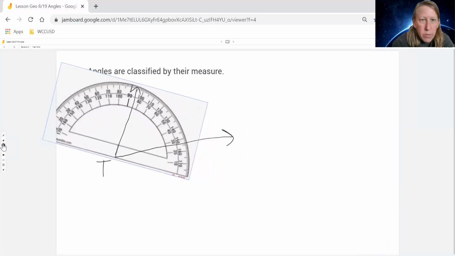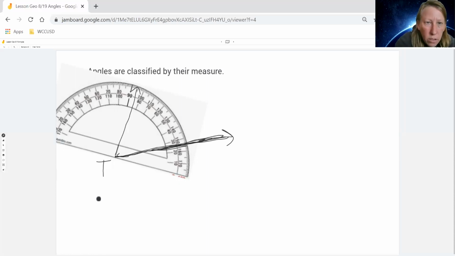I'm just going to slap the protractor onto the angle. And I'm going to look at the numbers on the protractor, and that's going to help me figure out how big this angle is. So let's use the outside numbers. We can use either one. I'm going to cheat slightly by making this a little more accurate.